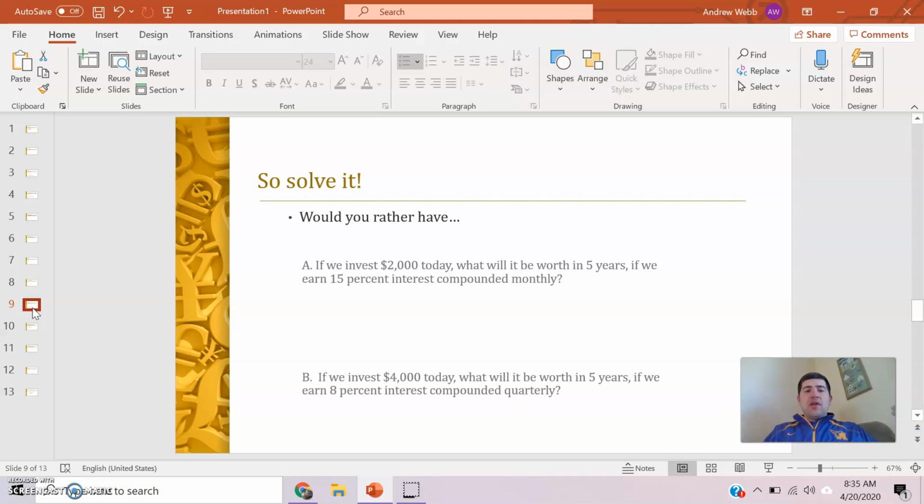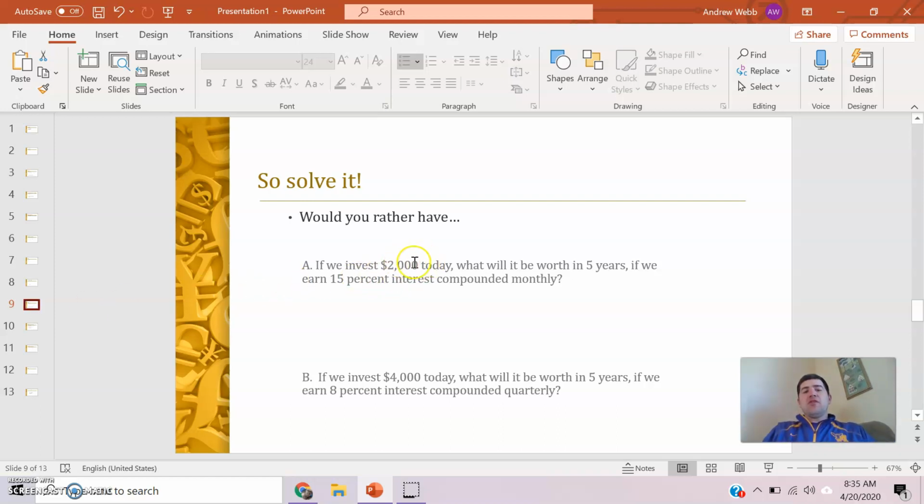If we had to invest $2,000 today, what would it be worth in 5 years if we compounded at 15% monthly? Or if we invest $4,000 today, what will it be worth in 5 years at 8% interest compounded quarterly? Again, all this is simply identifying the different pieces.